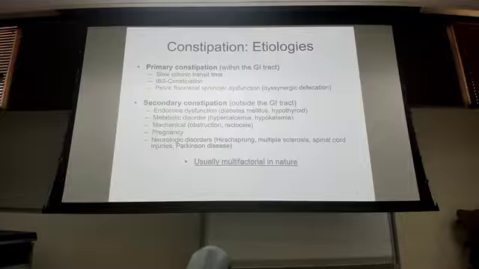You can have mechanical secondary reasons for constipation, including obstruction or rectocele. We'll talk more about that when we start talking about the lower GI tract. Pregnancy can cause constipation. Certain neurological disorders, Hirschsprung, MS, spinal cord injuries, and Parkinson's. Usually, constipation as a secondary cause is multifactorial in nature.